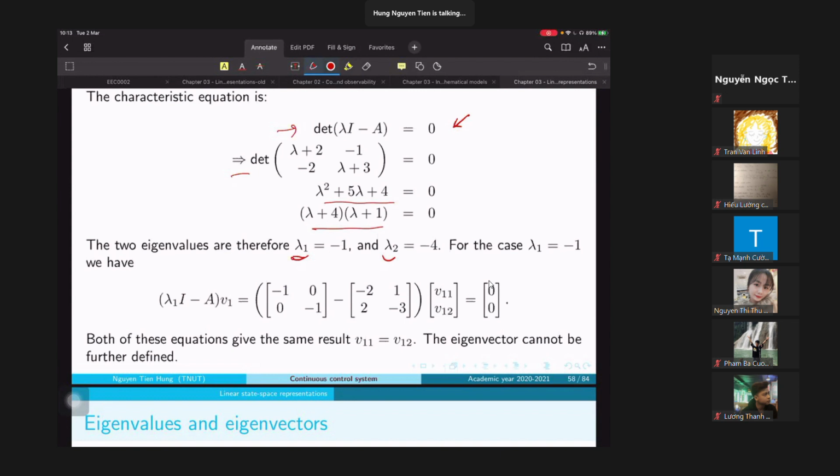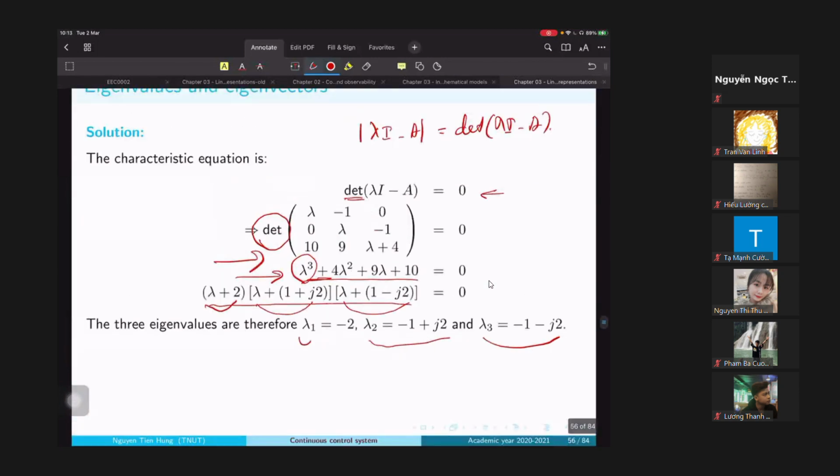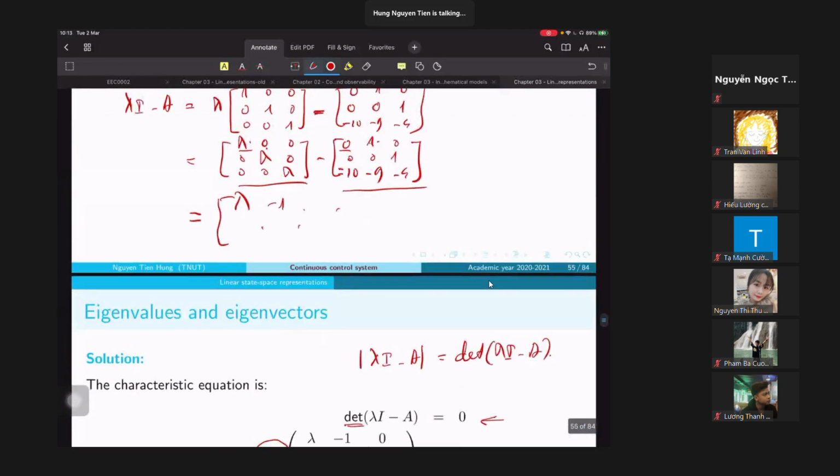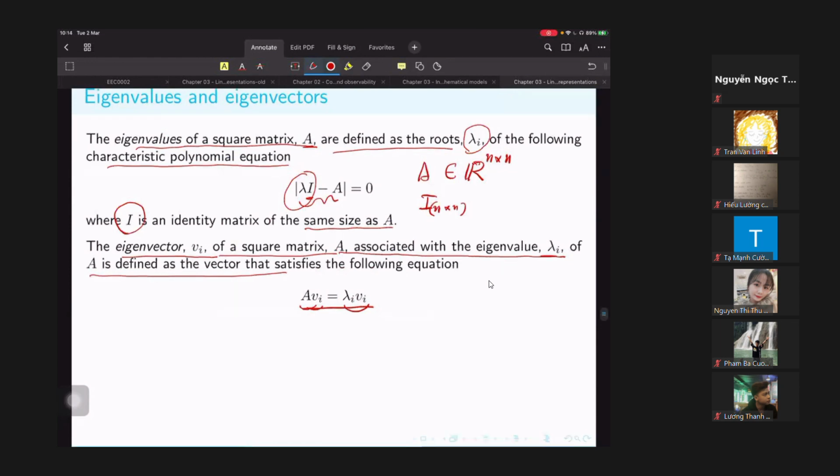So we will find the eigenvectors. For the eigenvectors, we all will have this: A V_i equals lambda_i V_i. For example, for the first, we have A V1 equals lambda 1 V1.